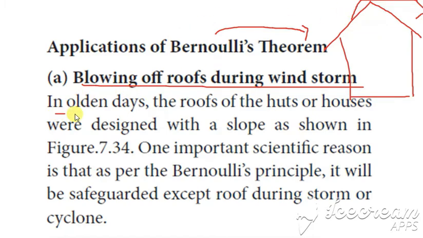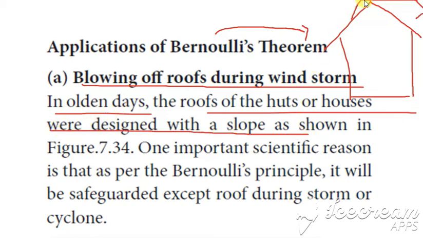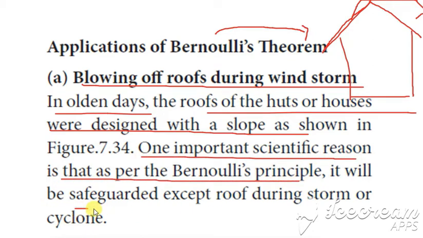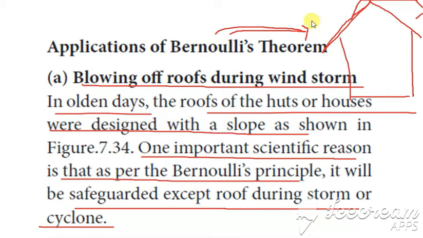In olden days the roofs of the huts or houses were designed with a slope. And one important scientific reason is Bernoulli's principle: except the roof, the rest will be safeguarded during the storm or cyclone. What happens here is when there is a heavy wind flow, there are pressures.